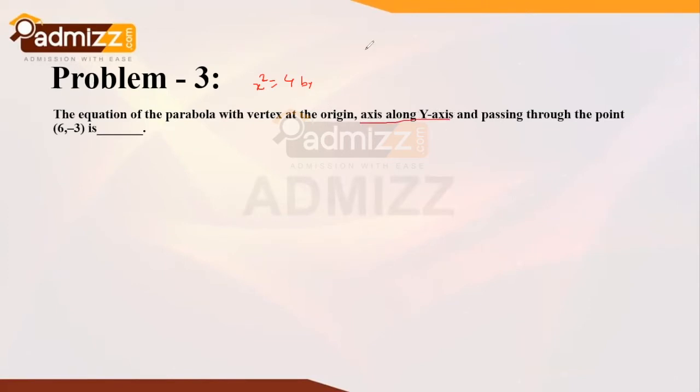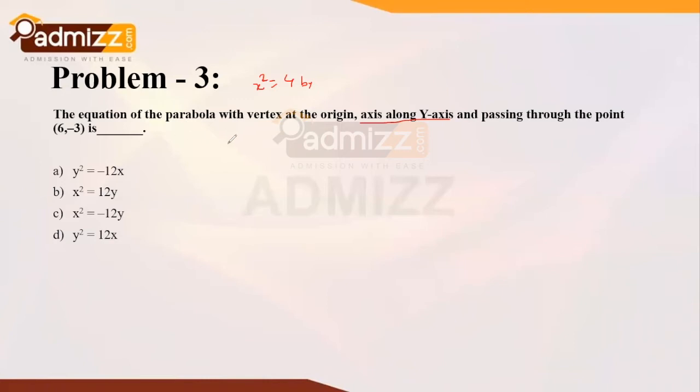Now what is the next step to follow? Very first we will look at the options provided to us: y² = -2x, -12x, x² = 12y, x² = -12y, and y² = 12x. Now we'll observe how to simplify this question.